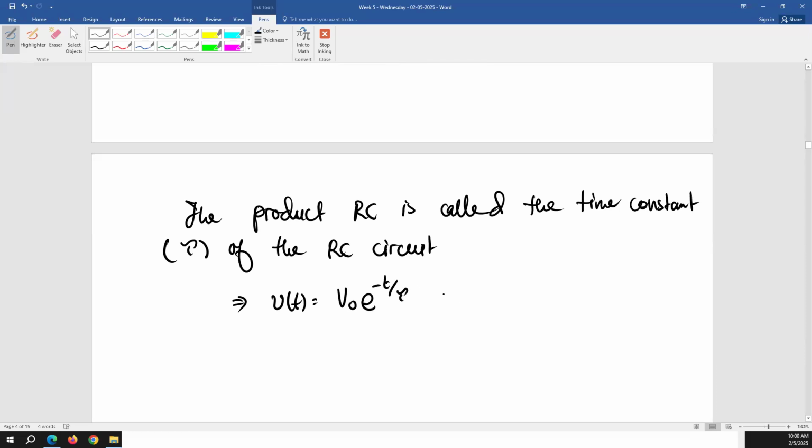So in terms of time constant, we can represent the voltage as V naught e to the power negative t over tau.